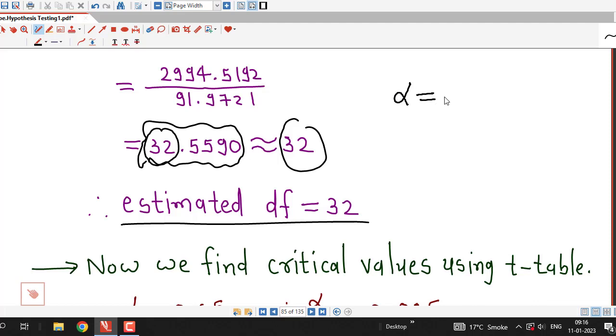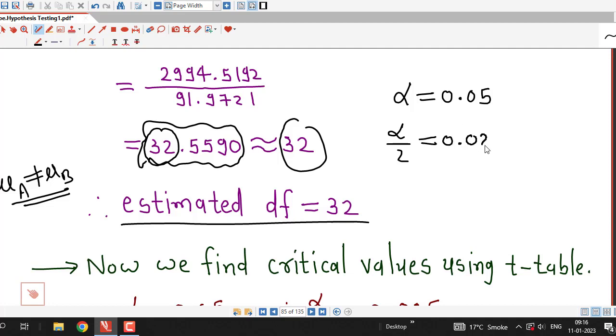Now we have estimated degrees of freedom, that is 32. Level of significance is 0.05, and the alternative hypothesis is that these two population means are different. That means we have a two-tailed test. Therefore, we divide this alpha into two areas of 0.025. So if you recall, this is the shape of the t distribution. It is a bell-shaped curve, and we are interested in these two critical values.